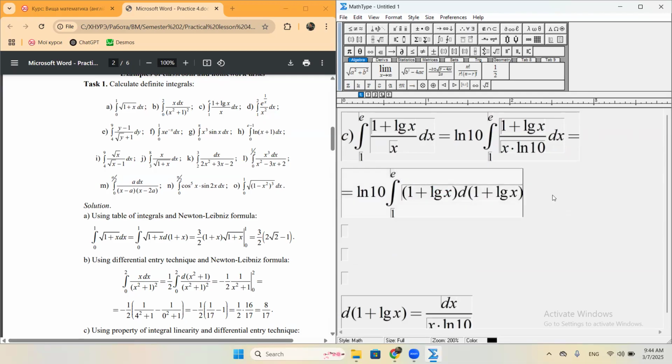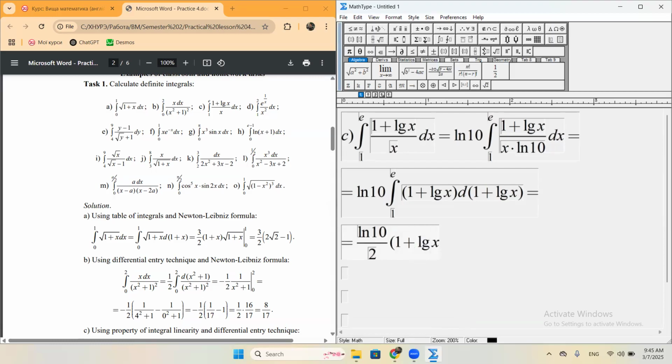And now we can calculate this integral. So don't forget about this coefficient, and we divide by 2, and we have 1 plus the decimal logarithm of x to the power of 2, with the substitutions from 1 to e.